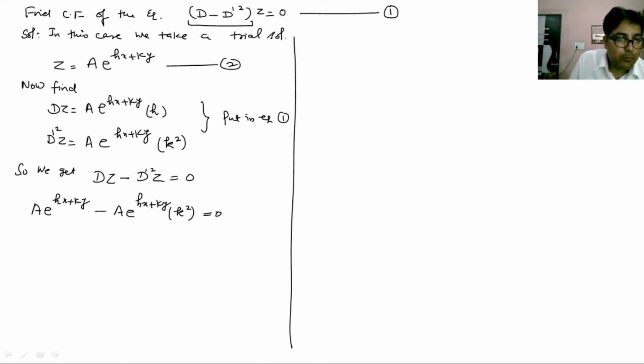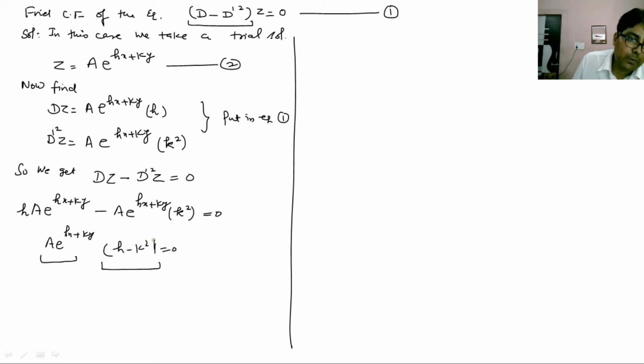Take the common a e^(hx+ky), so we get (h - k^2) = 0. The product of two terms is equal to 0, so either one of them will be 0. But a e^(hx+ky) is not equal to 0, because then z would be 0, which is impossible. So we get h - k^2 = 0, that is h is equal to k square. Clear? h is equal to k square.